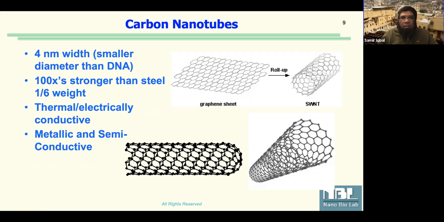There's possibility for us to make devices that don't waste any energy, because heat is the number one wastage of our devices. If you are taking this lecture on your laptop, you touch your keyboard and you see it's hot, right? So that's your energy bill going down the drain in terms of heat. CNTs can take care of that because they're superconductive. And if you use them on devices, there'll be no heat loss.